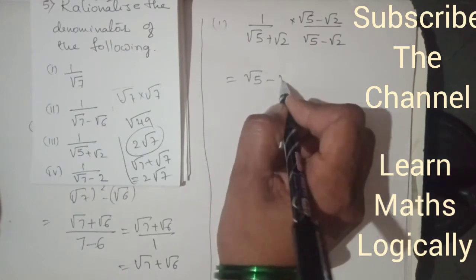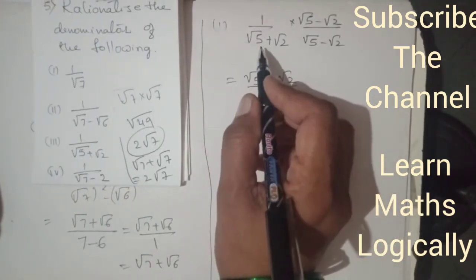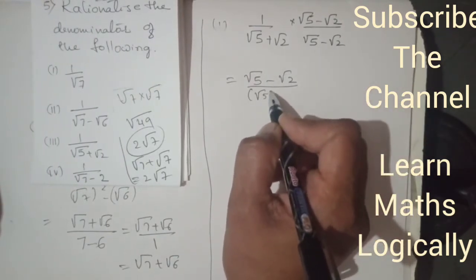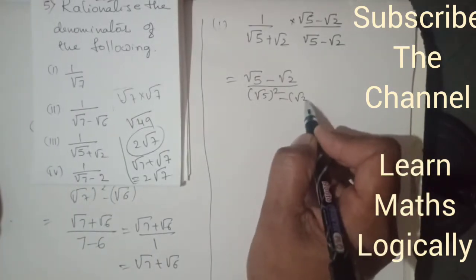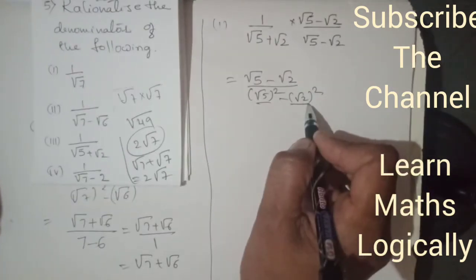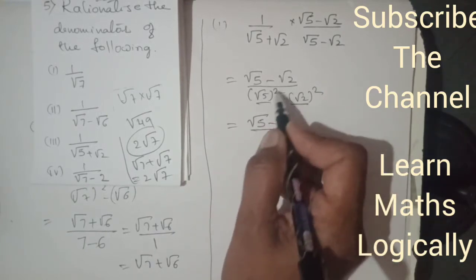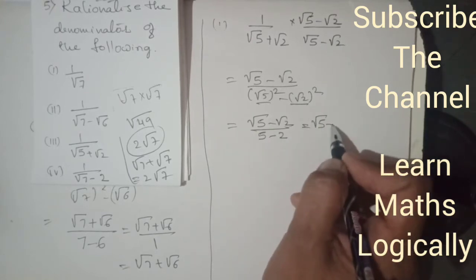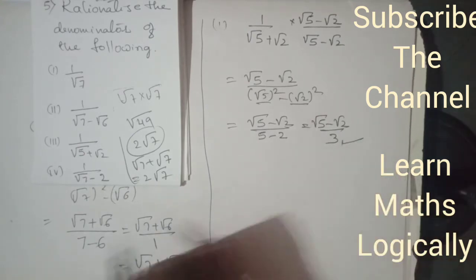Root 5 minus root 2 divided by, similar to the previous one, a plus b into a minus b, whose simplification is root 5 square minus root 2 square. The numerator stays as it is, and the denominator is 5 minus 2, so we get root 5 minus root 2 upon 3. Very simple, a rational number.